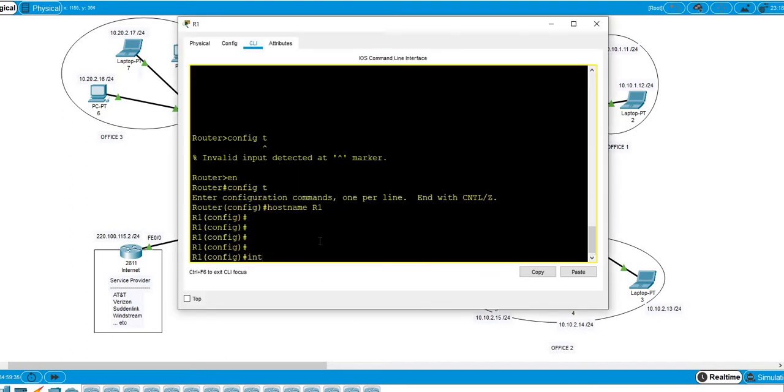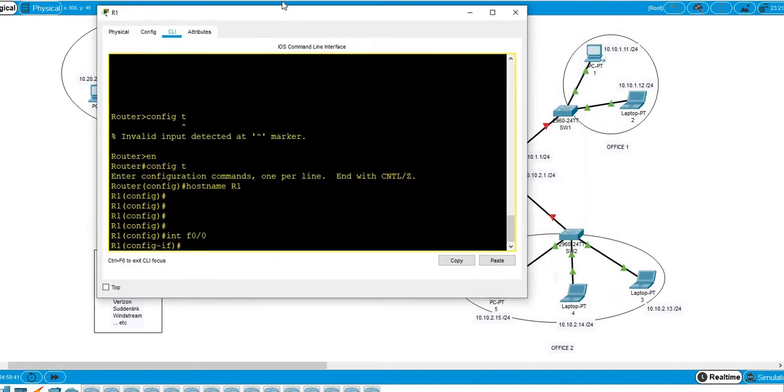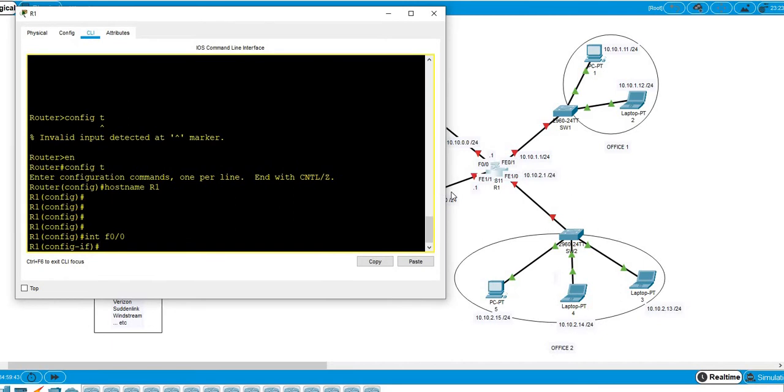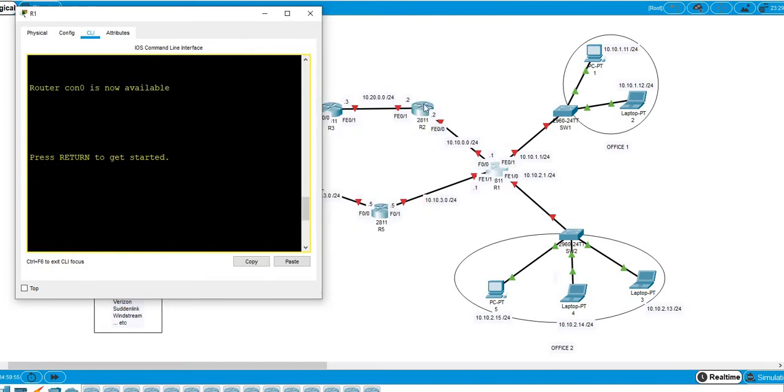Go to interface fast 0/0. So what we're doing here is basically router 1 has 4 interfaces. There's fast Ethernet 0/0 towards router 2, and then there's interface fast 1/1 towards R5.